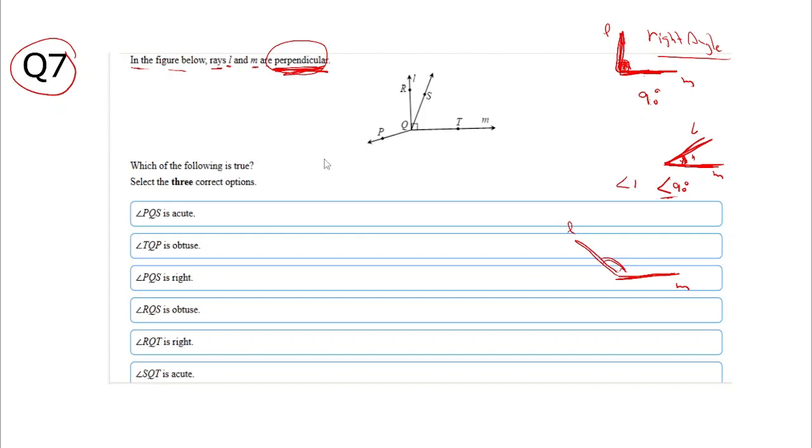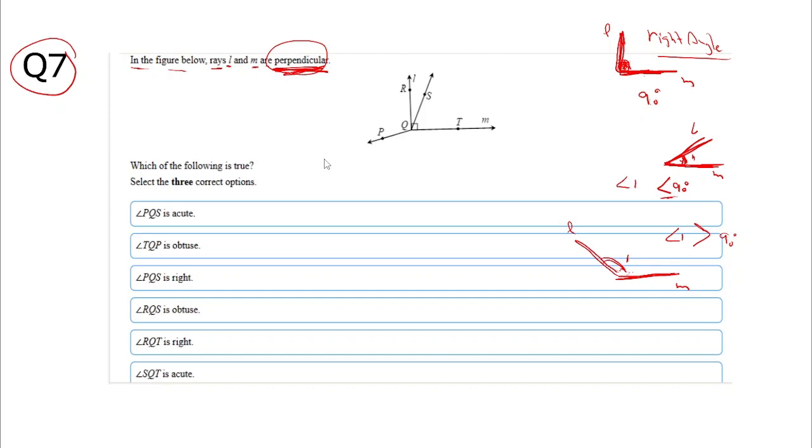If this is angle 1, then angle 1 is bigger than 90. So these are the three types of angles. You have right angle, you have acute angle, and you have obtuse angle. Okay? So let's see the question here.